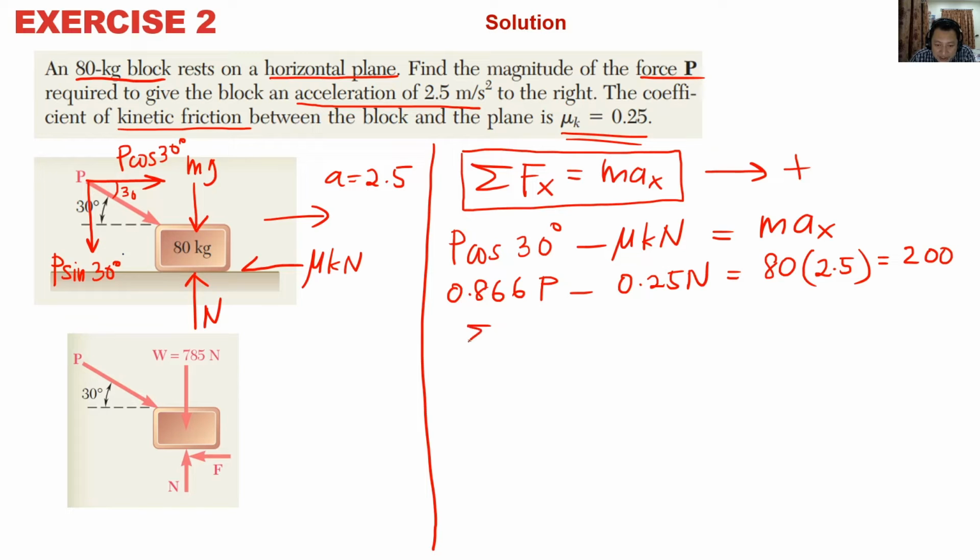So summation Fy is equal to 0. Normal tolak mg minus P sine 30 degrees. Anything else? It's not equal to 0, right? It's equal to something called MAY.